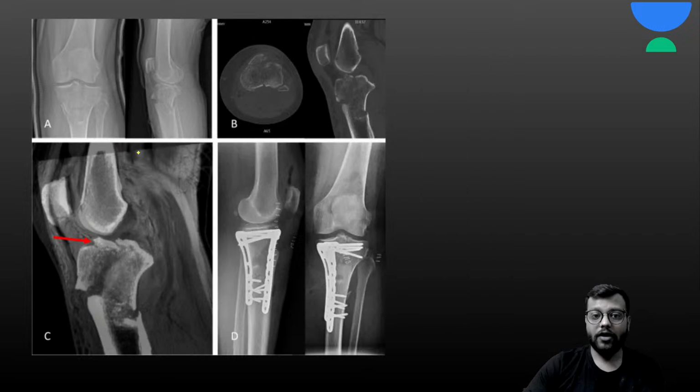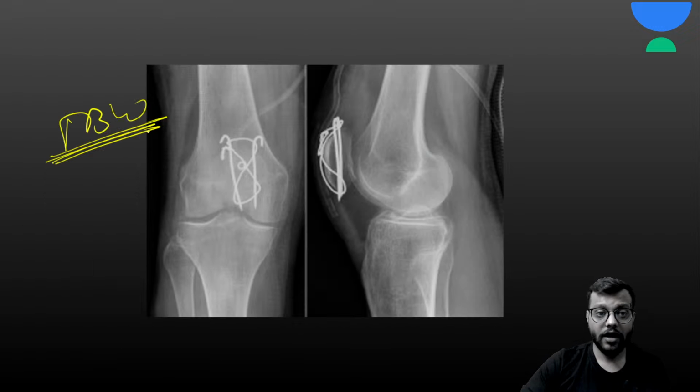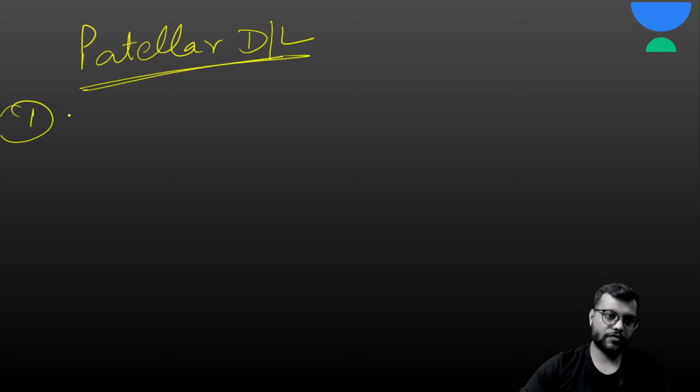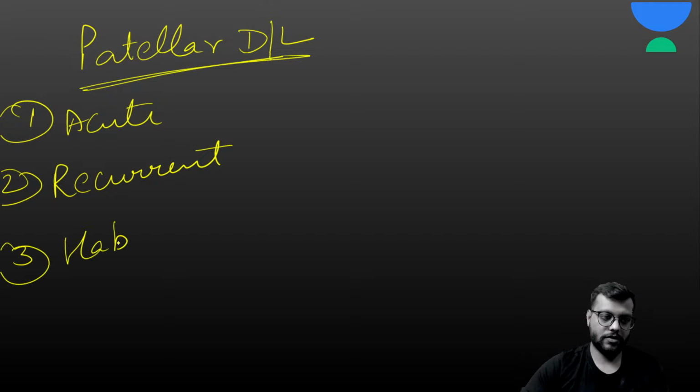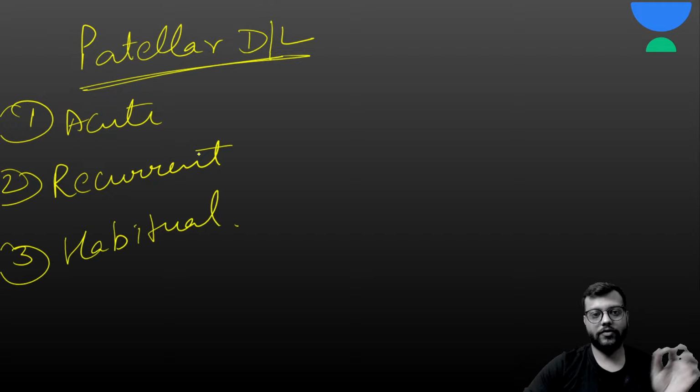Okay, now we'll discuss patellar dislocation also. They are important. Patellar dislocations are of 3 types. First is the acute, second is the recurrent, and the third is the habitual. Okay, 3 types of patellar dislocations.